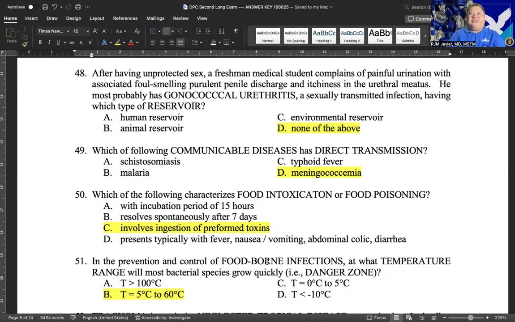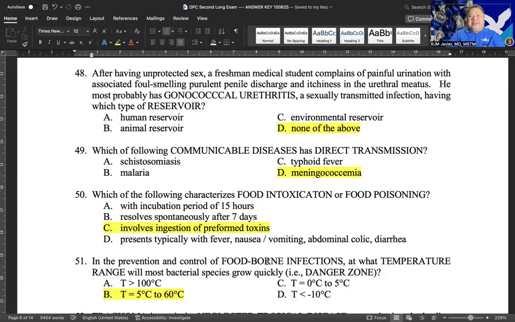However, there are certain infectious processes and communicable diseases which do not have reservoirs. Rather, it's a type of infection that would directly be introduced from one susceptible host to the next.